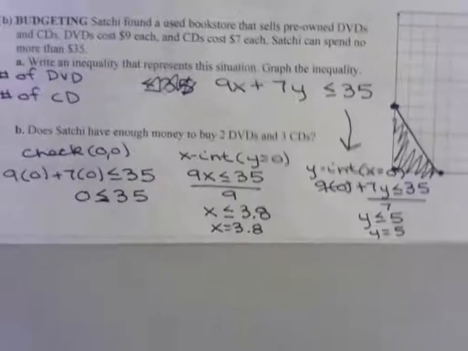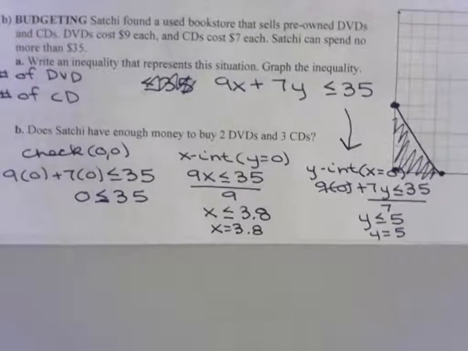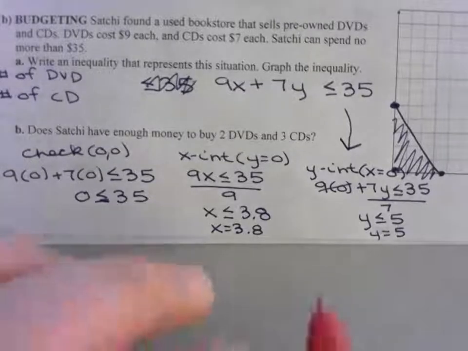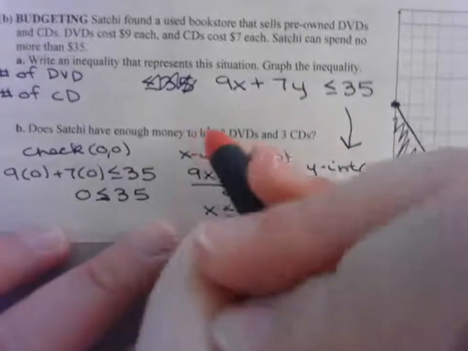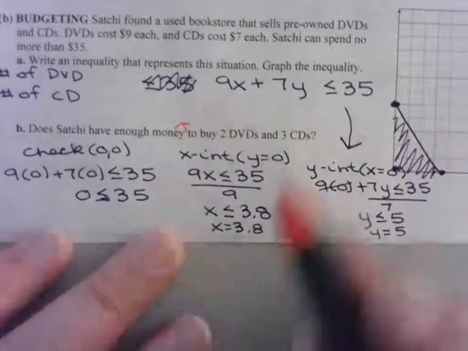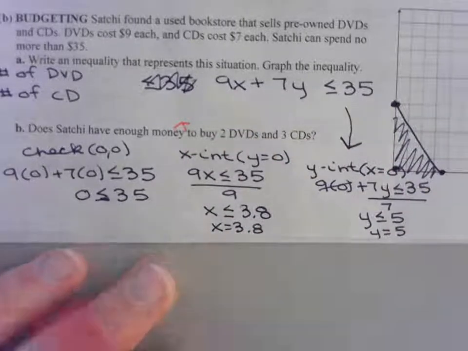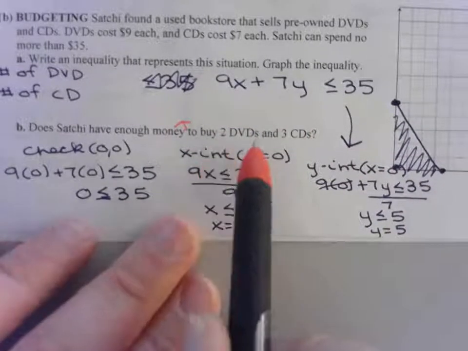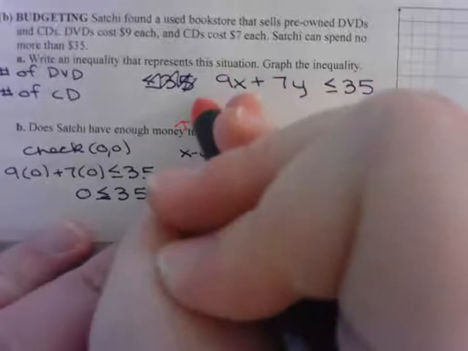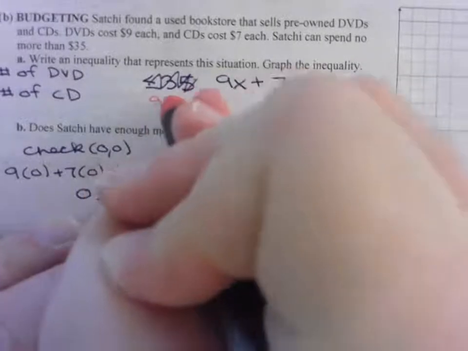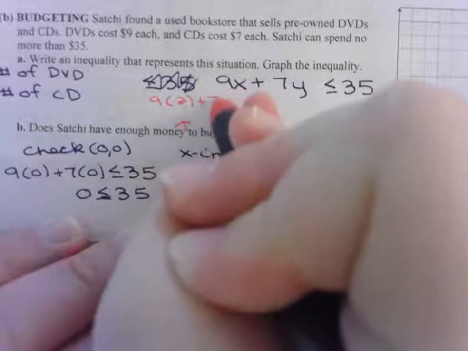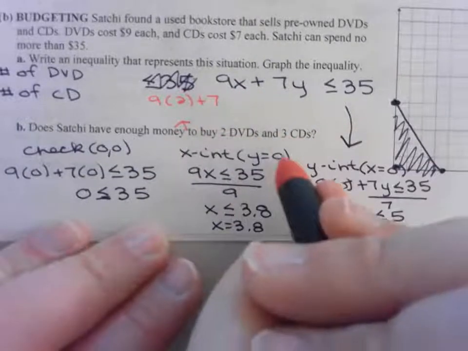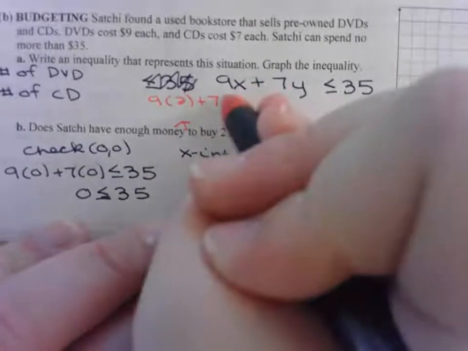Part B. Does he have enough money to buy 2 DVDs and 3 CDs? How do I check that? Plug it in. Yeah, you guys can do this. Don't make things harder than they are. If I buy 2 DVDs, what does 2 get plugged in for? X. So 9 times 2 plus 7 times y, the number of CDs, so that's 3.